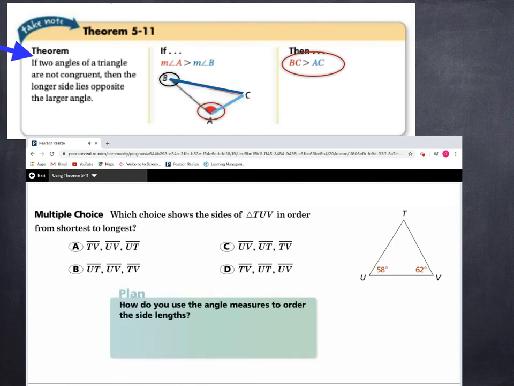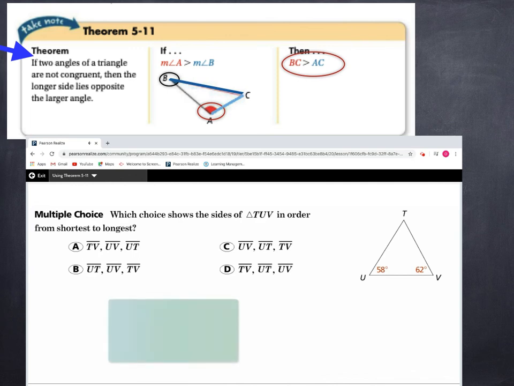How do you use the angle measures to order the side lengths? List the angle measures in order from smallest to largest. Then replace the measures of each angle with the length of the side opposite. Remember that the triangle angle sum theorem states that the sum of the measures of the angles of a triangle is 180 degrees.